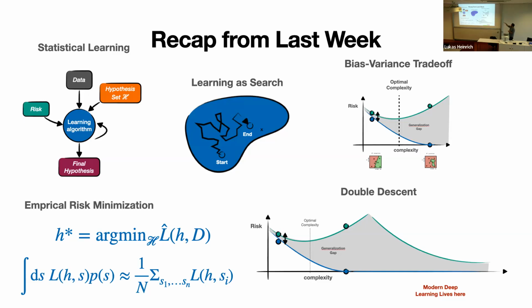We discussed the bias-variance trade-off as basically how the hypothesis set and this empirical risk minimization idea interact. The more complex solutions you allow, of course, the better you will be able to fit your data. But that also means you are more susceptible to overfitting. Maybe you're taking too much of the data into account.